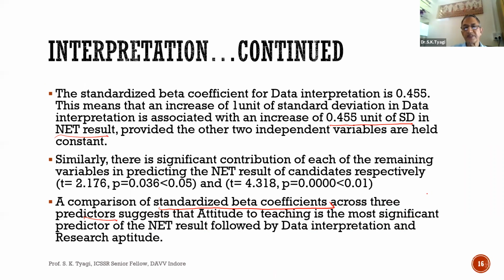So we used the standardized beta coefficient for comparison purpose.